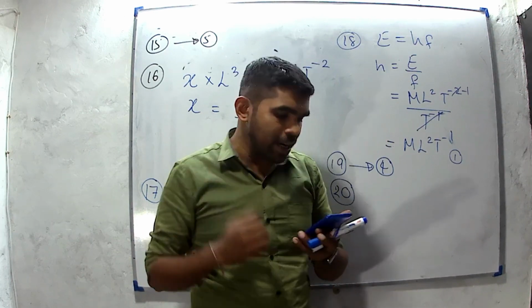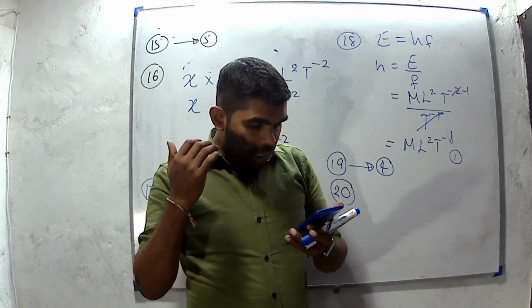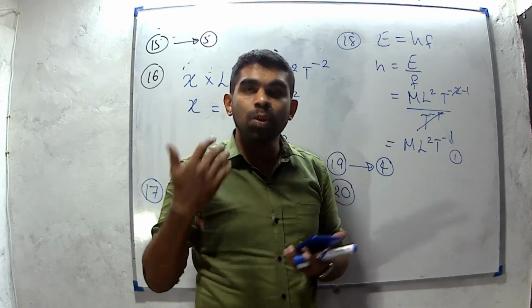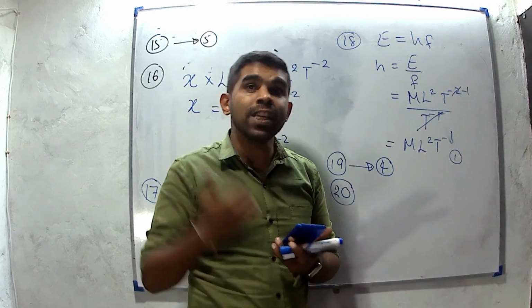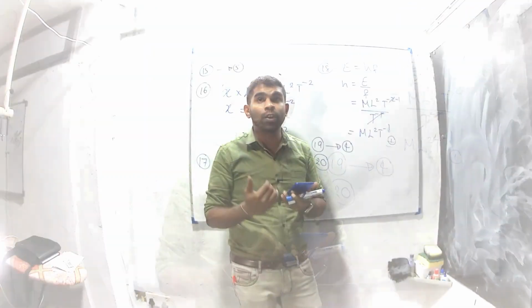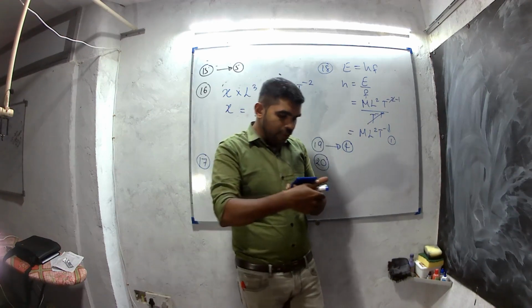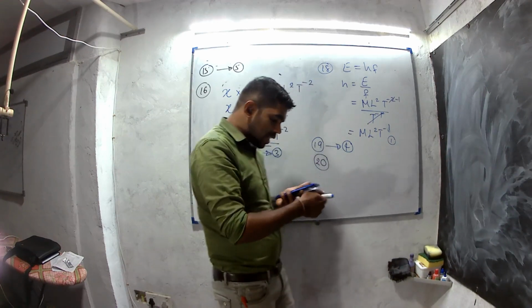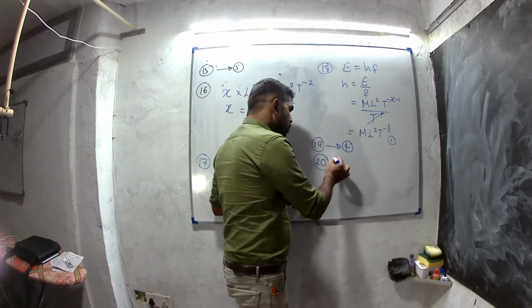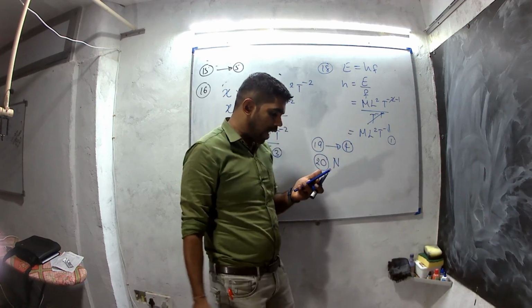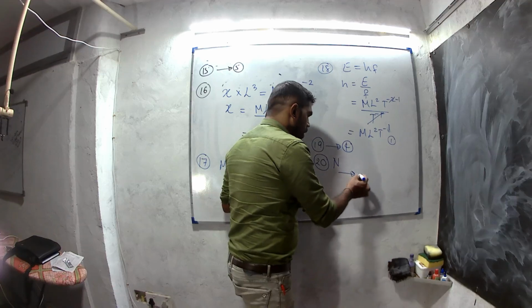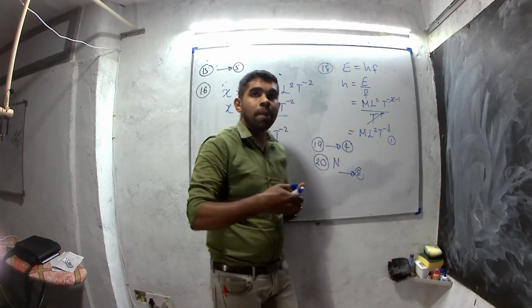Length is a fundamental physical quantity. Newton, the second answer, is force. Force is not a fundamental physical quantity. Force is a derived physical quantity. Therefore Newton is not a fundamental unit. Then the answer should be Newton, the second answer for question number 20.